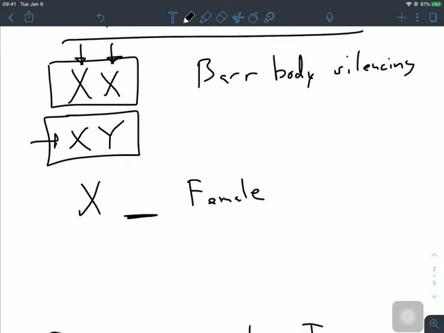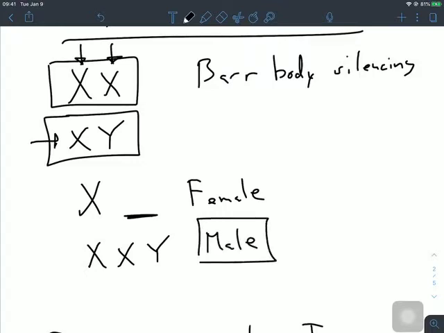An individual with two X chromosomes and a Y chromosome would develop as a male because they have that testosterone gene. You can also get multiple different types of chromosomal variations with 3 X's and a Y or something of that sort.